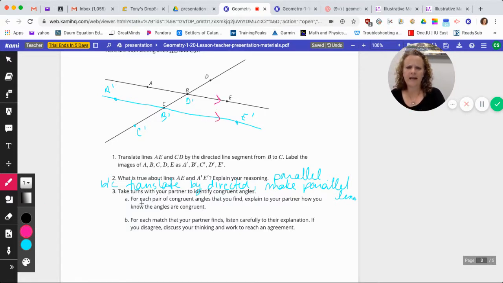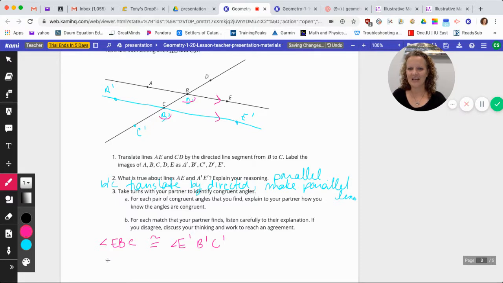For each pair of congruent angles that you find, explain to your partner how you know the angles are congruent. Well, we don't need to do that, but I am going to name the pair of congruent angles. I can say angle EBC is congruent to angle E prime B prime C prime, right there and right there.